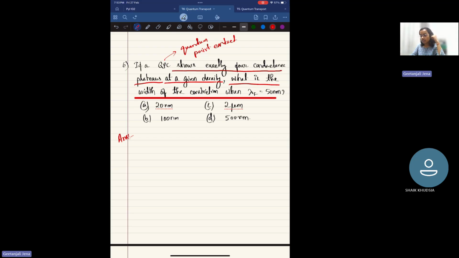So you need to calculate the width of this constriction when lambda F is 50 nanometer, and it is also saying there are 4 conductance plateaus.